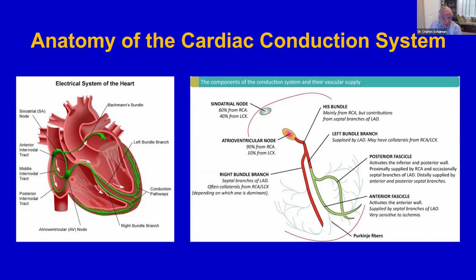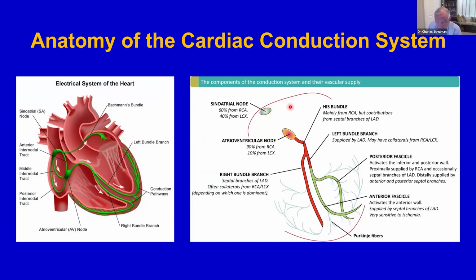There's a slight pause there. Then the impulse travels to what's called the common bundle or the His bundle, and then to the bundle branches, and then to the His-Purkinje system and the myocardium.